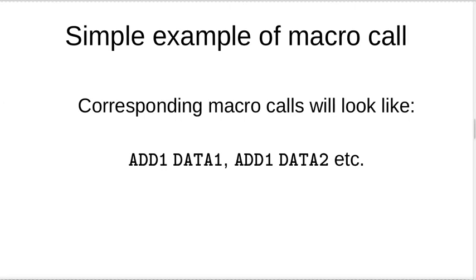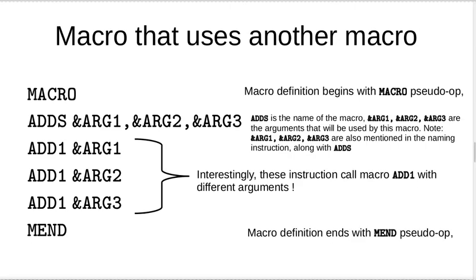Fine. Okay. Moving ahead, let's dive into the concept of a macro that uses another macro. So again, here we have a macro definition. This is nothing but a macro definition which we have just learnt. But in this case, let's go through the whole definition and find if there is something new or different in this definition. Fine.